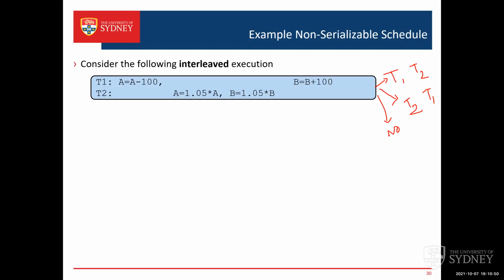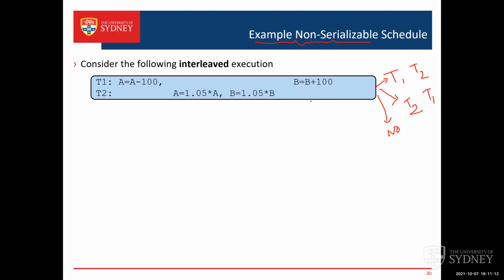Yep, excellent job. Everyone is saying no. I'm not sure whether you are looking at this as non-serializable because this is an example of non-serializable, or you have actually calculated. I'm guessing you have calculated. If yes, then excellent.